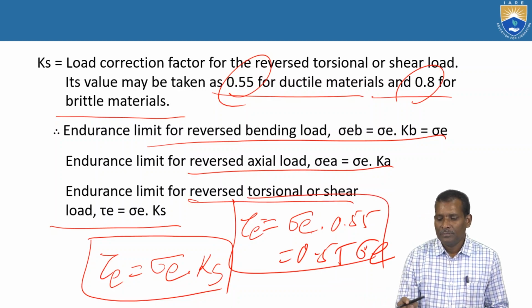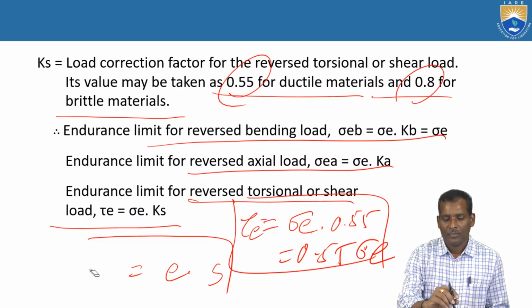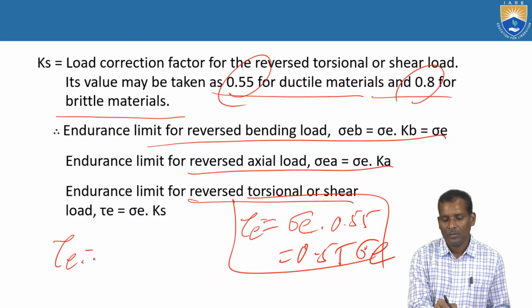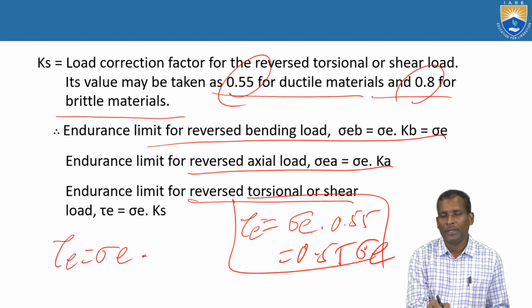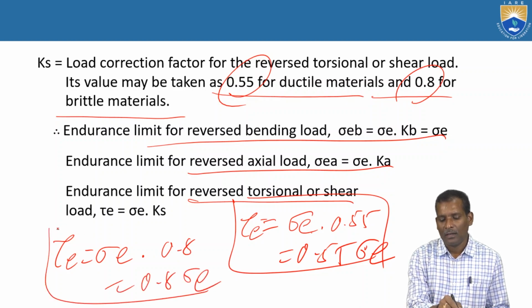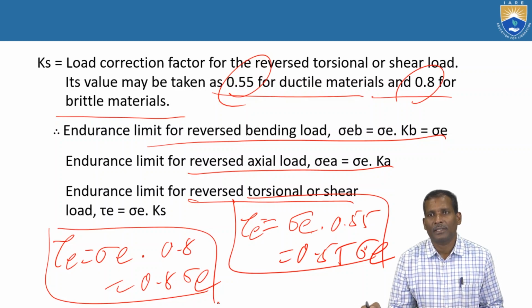For brittle material, substitute the value sigma E multiplied with 0.8, so 0.8 sigma E. Same as axial load correction factor, Ka.